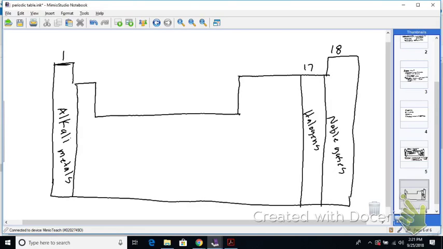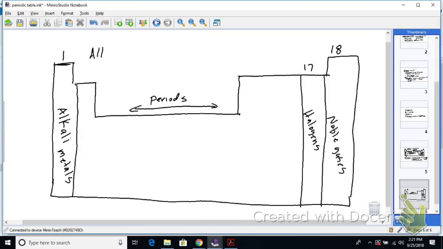So I'm going to give you some information about each group I'd like you to write down. Okay? Right here, up above, I'm going to write, these arrows going left and right represent periods on the periodic table. So period 1 has 2 elements in it. It's the top row.